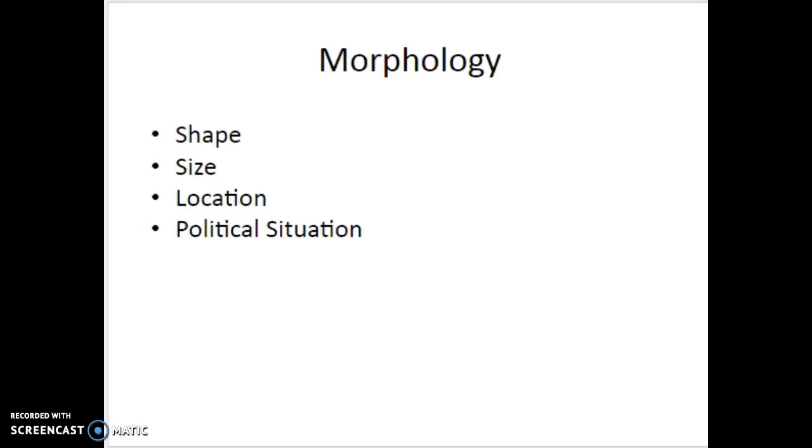As part of the UN project, I wanted you to consider possible arguments of how the state morphology, or the shape of your potential nation becoming a state, might impact the UN decision. In this flip lecture, we're going to look at shape, size, location, and political situation.